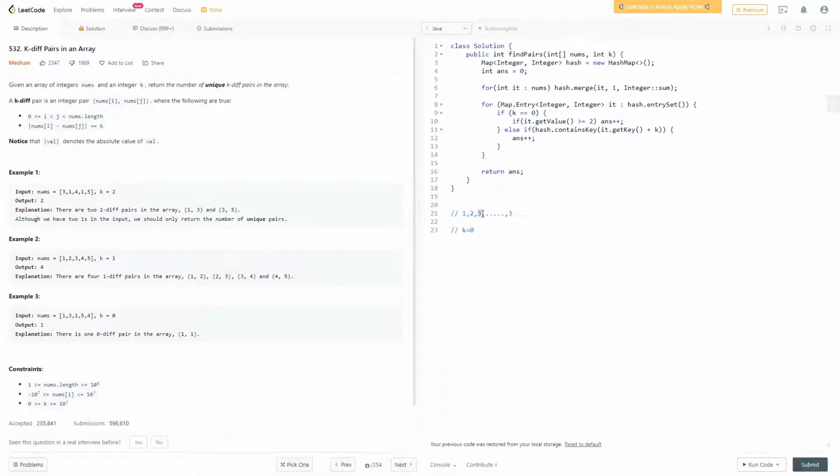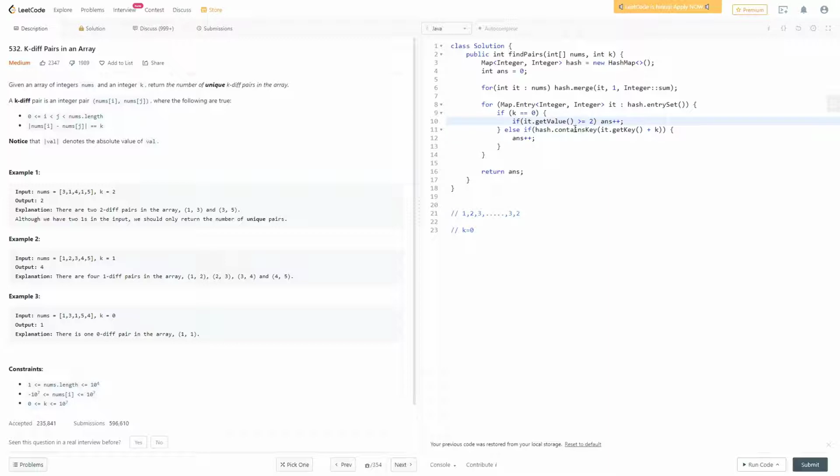For 3 the frequency is 2, so I can use this 3 to increment the count. If I have another 2, I can use this 2 and this 2 to make one pair, and 3 and 3 to make another pair, to get k equals 0. So I'm checking if the frequency of that number is greater than or equal to 2.